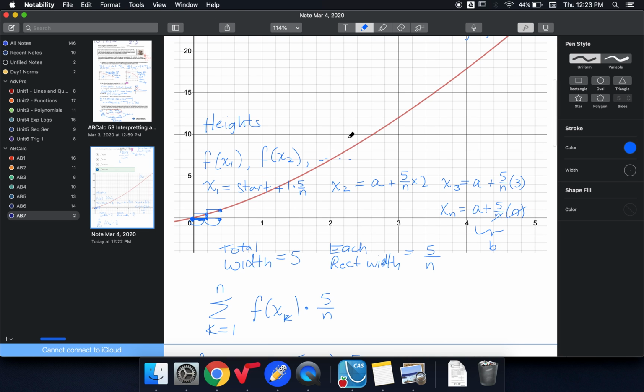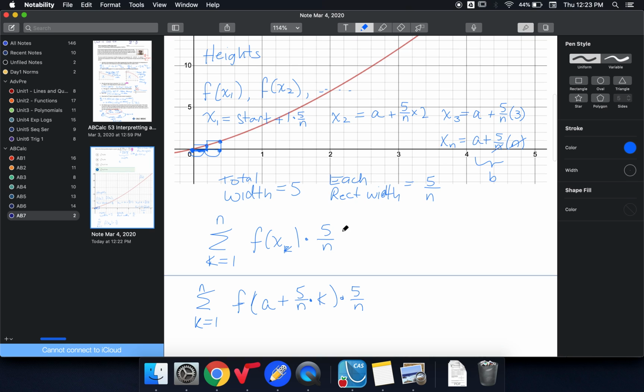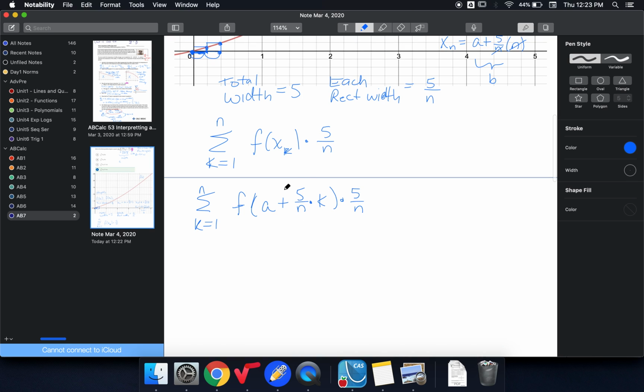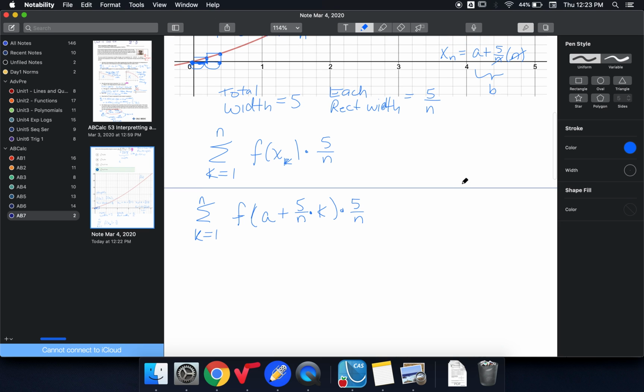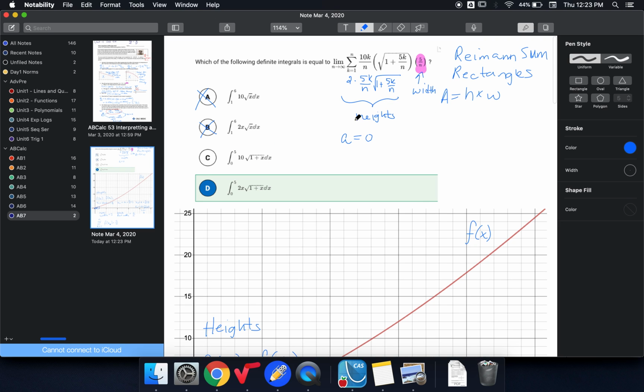So each addition of 5k over n is incrementing my x values. So I'm going to end up with a being 0, and I've got 2 times x root 1 plus x as my original function. So that's why it has to be this one.